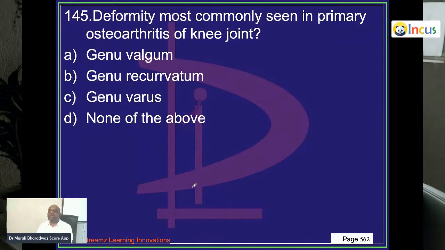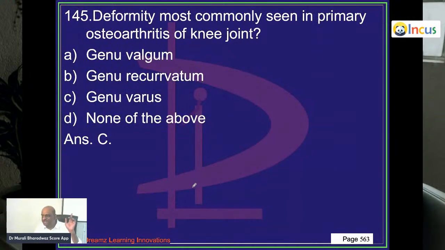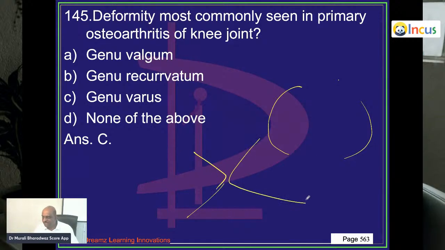Primary osteoarthritis of knee joint, what does it lead to? The other day we discussed varus. Valgus means it will be like this. This is varus. So genu varus is the deformity you see in osteoarthritic people when they are walking, elderly people.